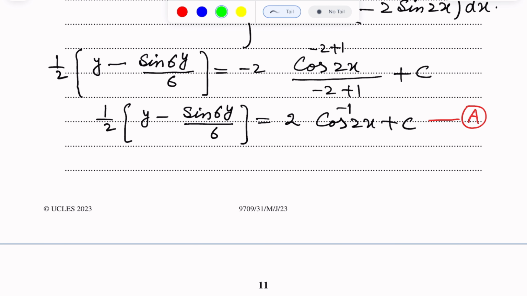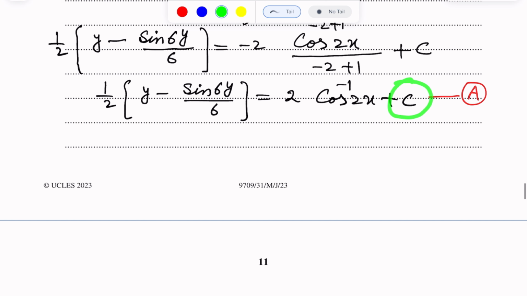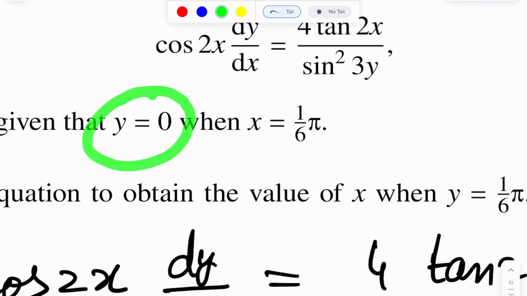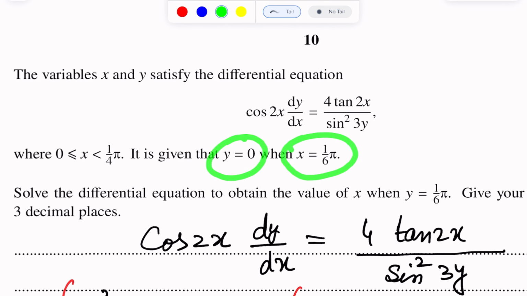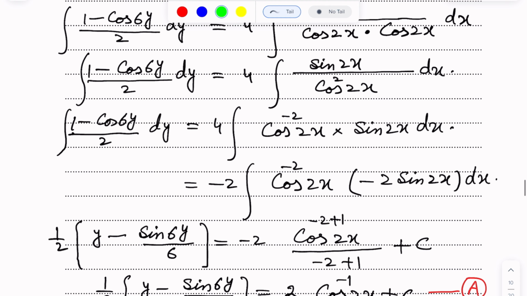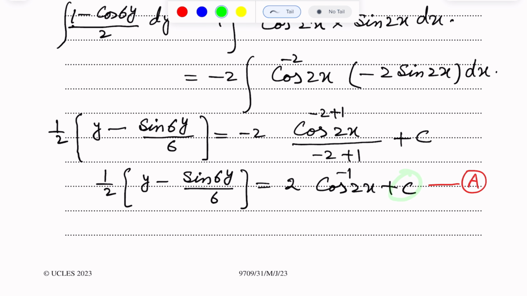Now we have to find the value of c by using the initial conditions. Initial conditions are given in the question: y is equal to 0 when x is equal to pi by 6. We are putting the value of y and x here to find the value of c.